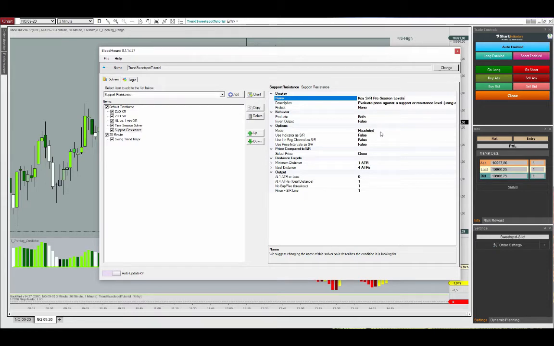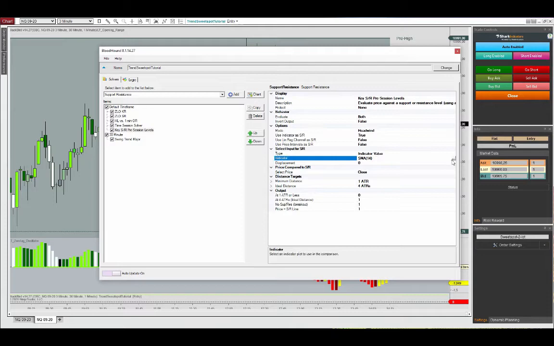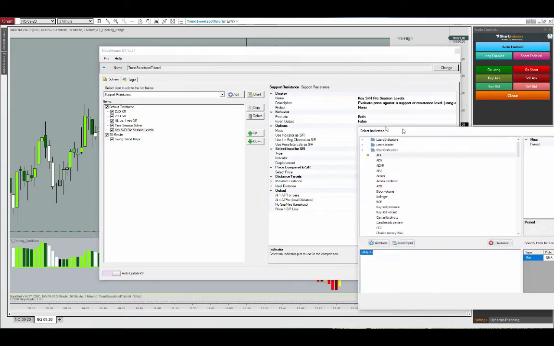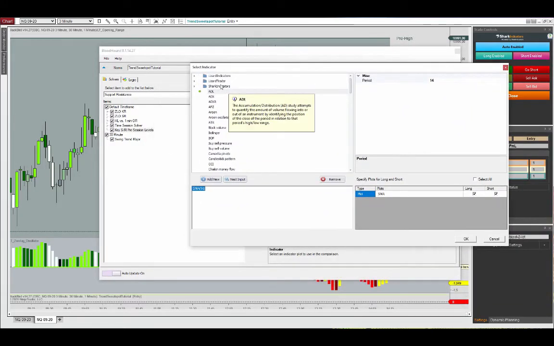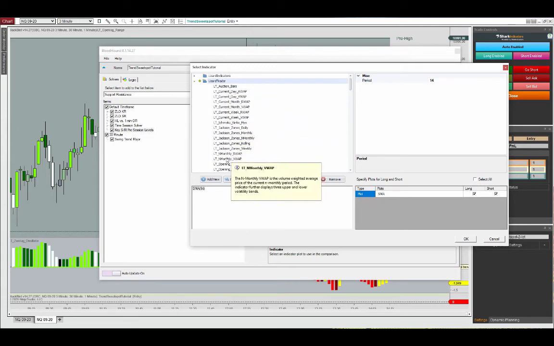Have the headwind option here, and so we'll use the indicator as support resistance, the levels that are found and defined by the opening range, the premium opening range.